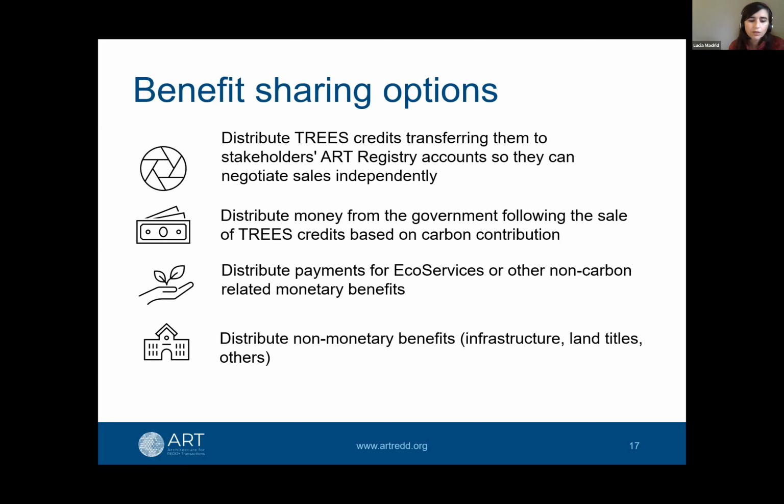It is important to note that a jurisdiction can also agree a mix of these options to address the specific interests of all the relevant groups. Other options, if agreed, are also permitted as long as the process to agree them respected the safeguards. Of course, each of these options has different associated transaction costs, which is important to consider when selecting one or more of these options.